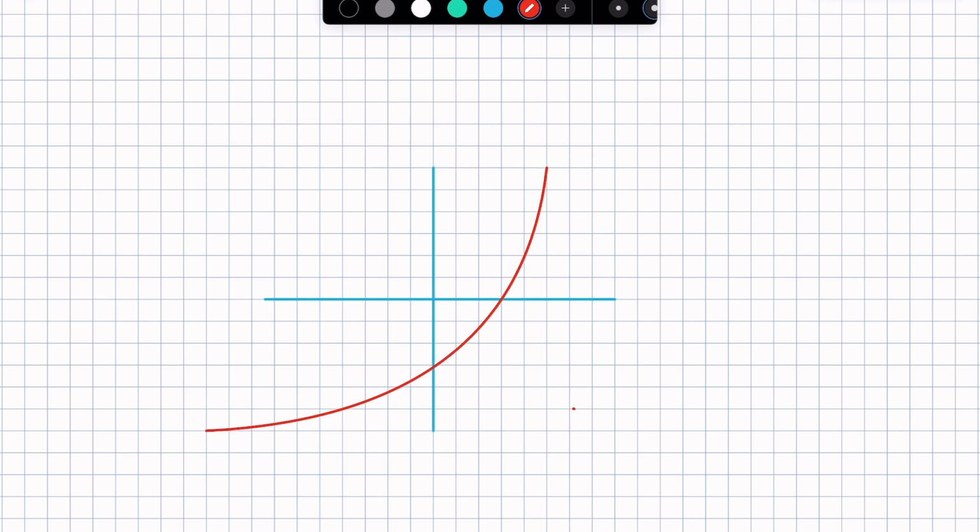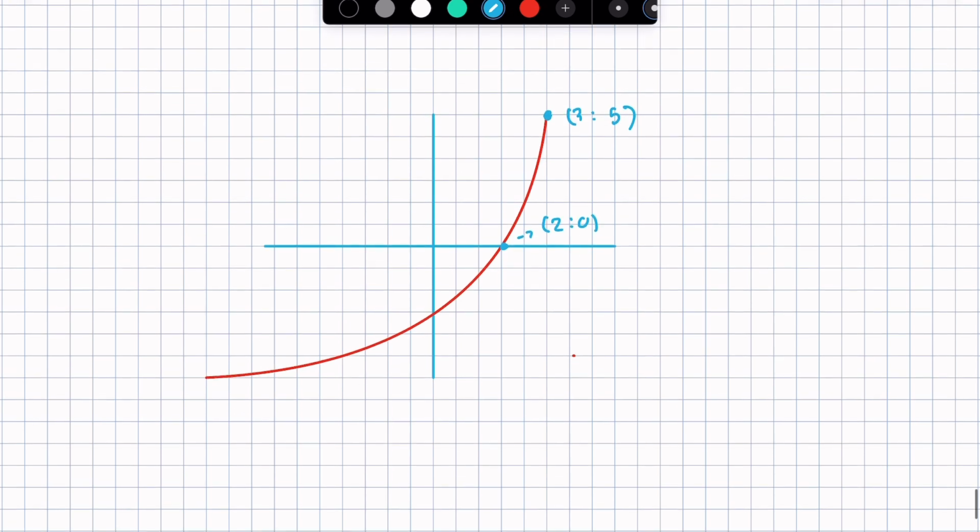Okay, so here. So the point is, this is the H and K, and I'll give you this. This is 2, 0, and this is 3, 5.